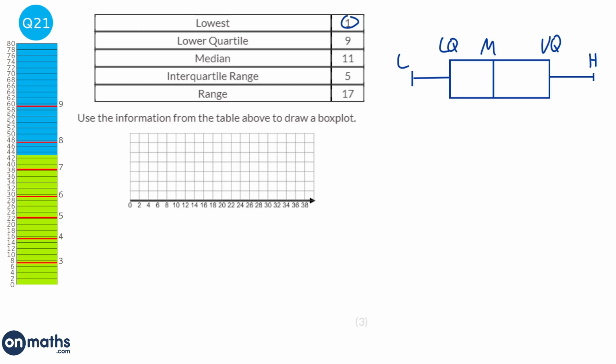So we're going to put a line at 1, a little bit further to the right. There we go. And our lower quartile is 9, which is where the box starts. So we're just going to start a box there and connect these up. There we go. And our median is 11, so we're just going to show that.